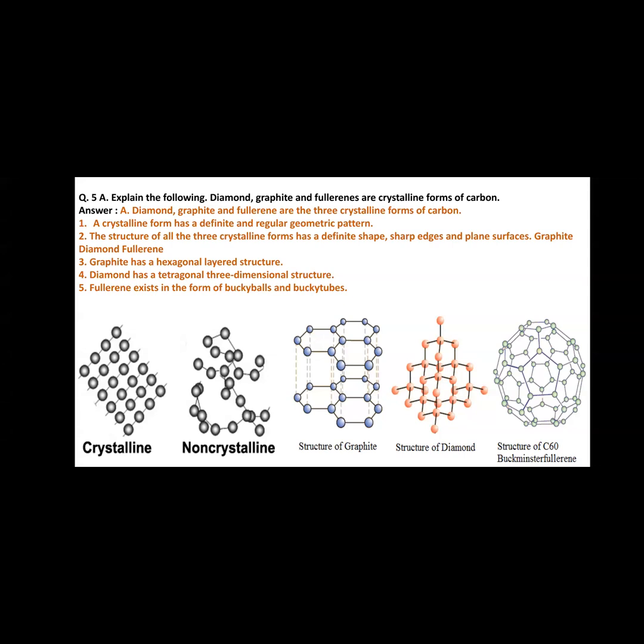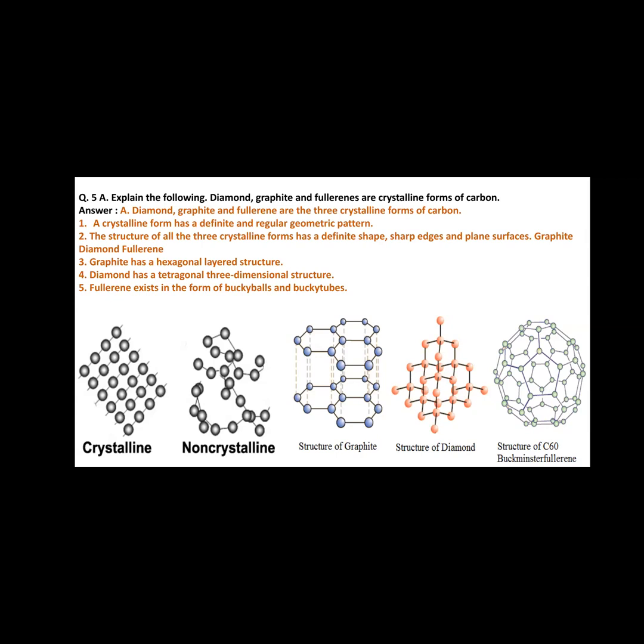Here at the bottom, figures are given. The first two figures are to understand the structure of crystalline and non-crystalline. You can clearly see here the crystalline structure having a regular arrangement of atoms, but in the non-crystalline form it is irregular. Now move towards the structure of graphite, diamond, and fullerenes.